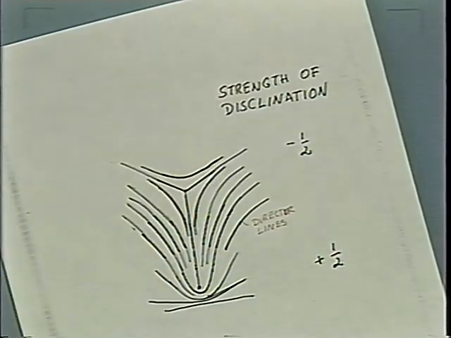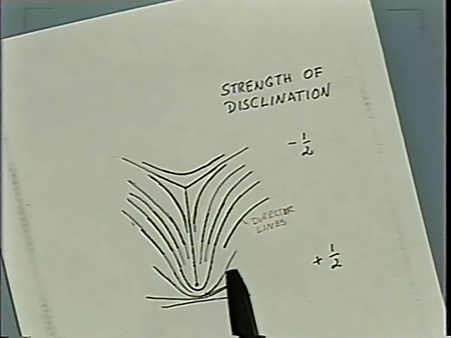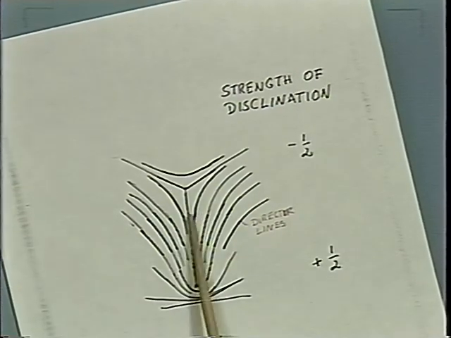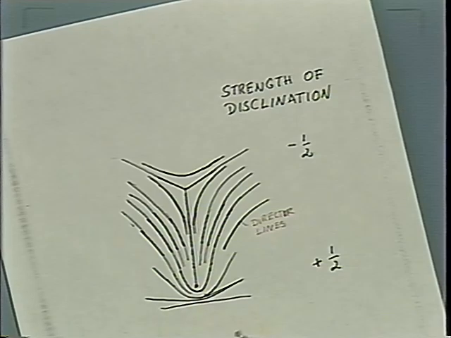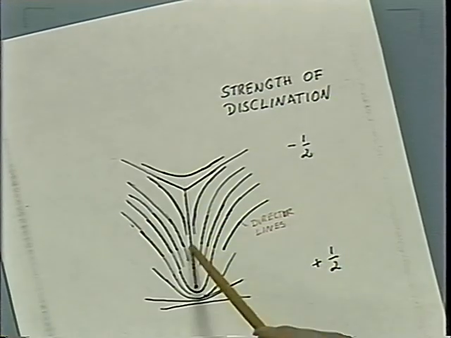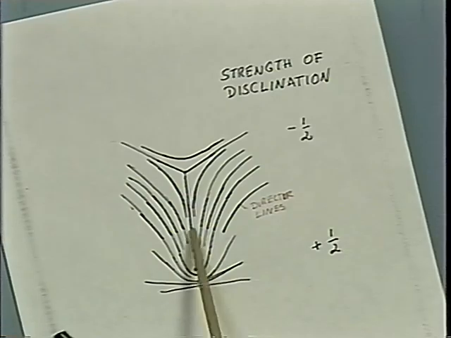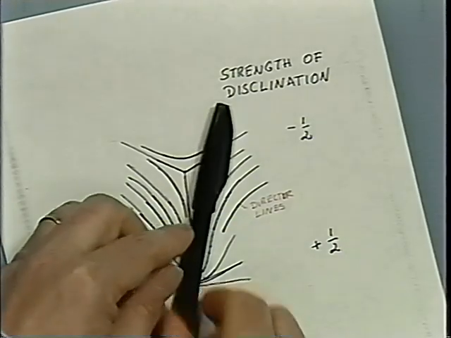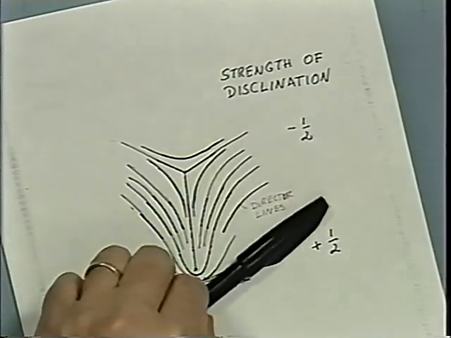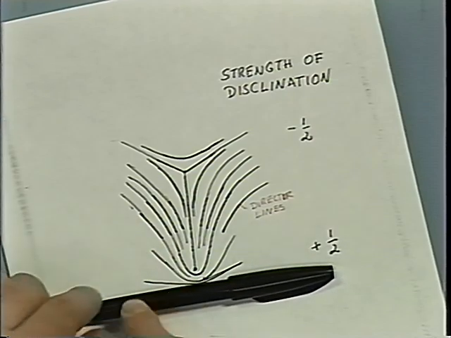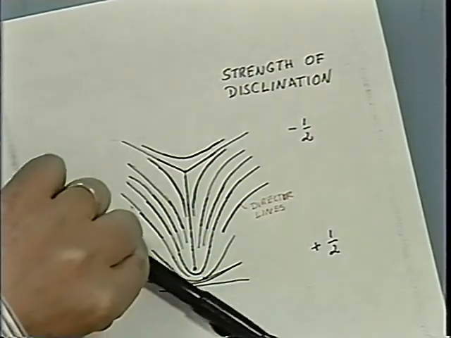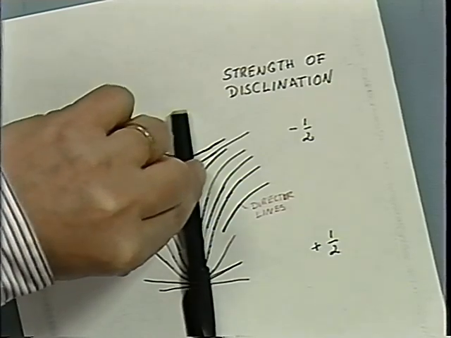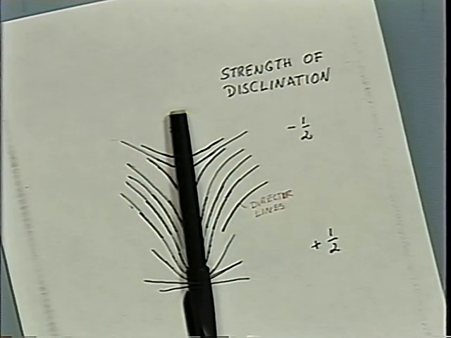Let's do it again for the next defect down here, which is counteracting. I'm starting on this line here. This is a disclination line, and I'm describing a circle all around here while staying tangent. I keep rotating while coming back, and now I came back to the same disclination line.